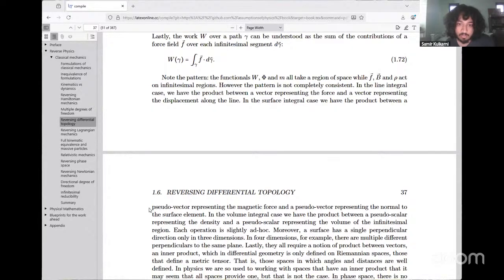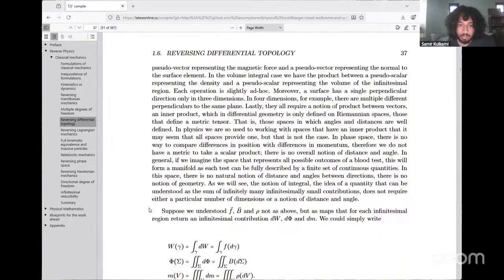In the surface integral case, we have the product between a pseudovector representing the magnetic field and a pseudovector representing the normal to the surface element. In the volume integral case, we have the product between a pseudoscalar representing the density and a pseudoscalar representing the volume of the infinitesimal region. Each operation is slightly ad hoc.